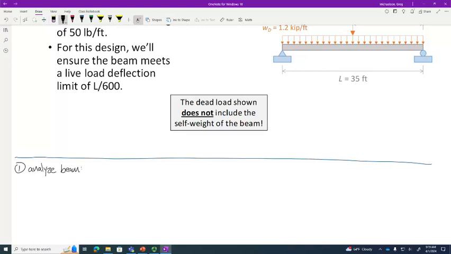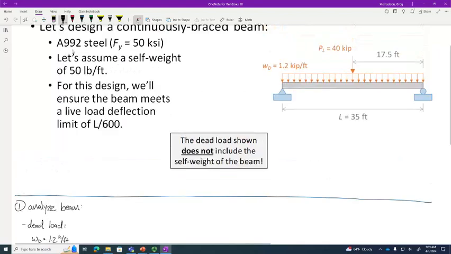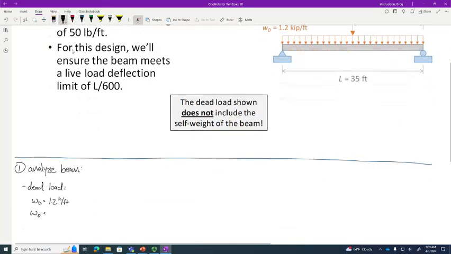So first off, for the dead load, we're given a dead load of 1.2 kips per foot, and we're given that we should assume that the self-weight of the beam weighs 50 pounds per foot. That's what we should assume.